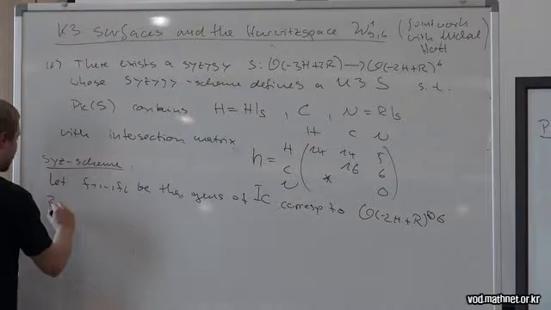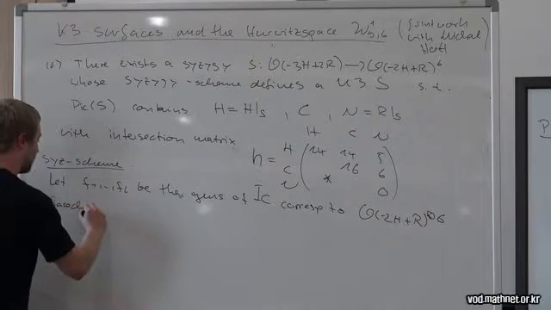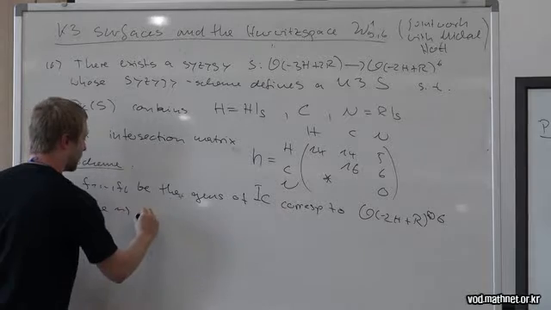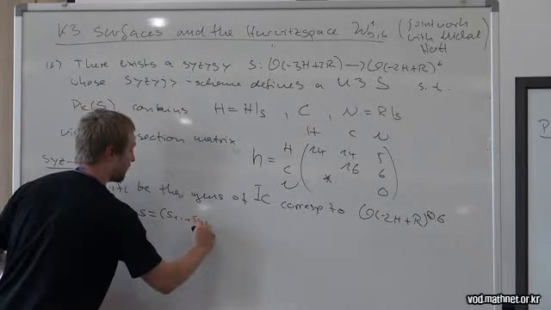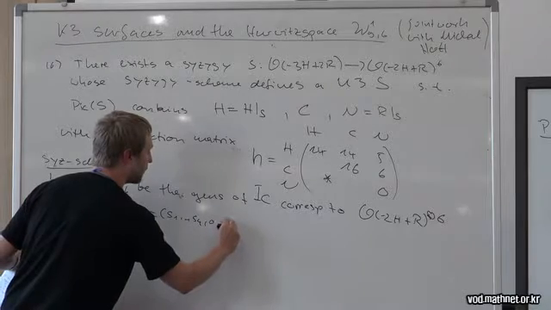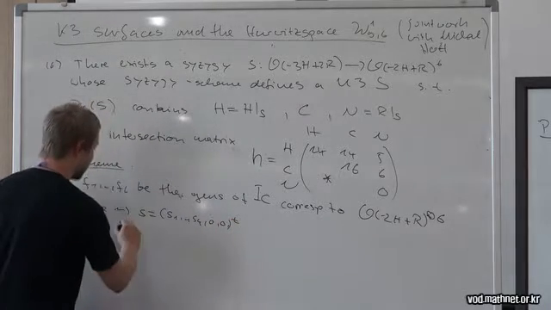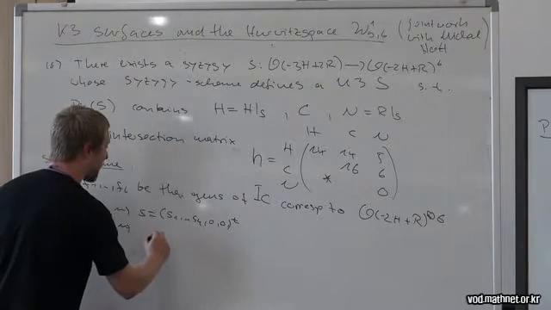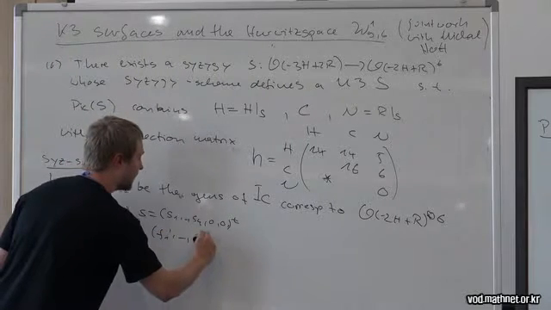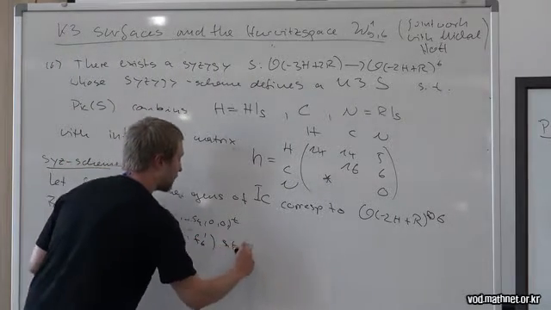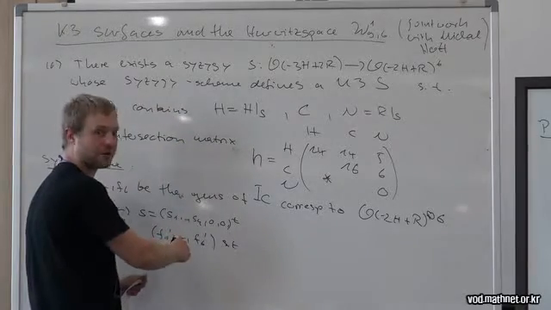So therefore, base change gives us that S is basically of the form S1 up to S4, 0, 0 transpose. And the same base change gives us new generators F1 prime up to F6 prime, such that this is still a syzygy for these new generators.